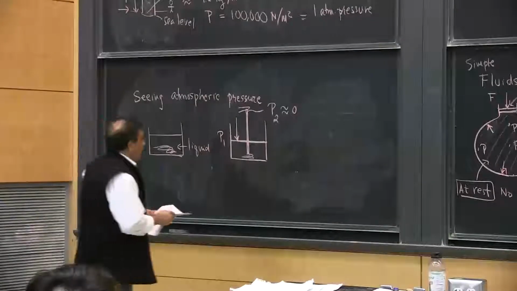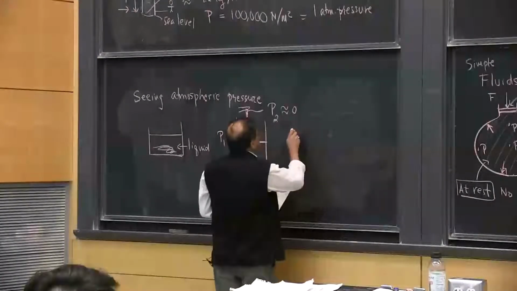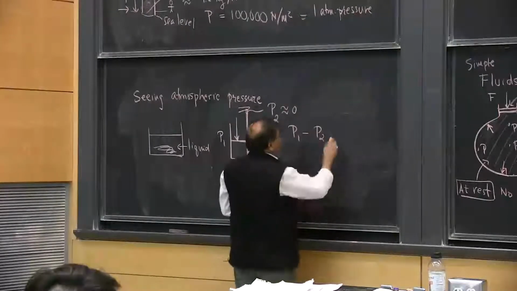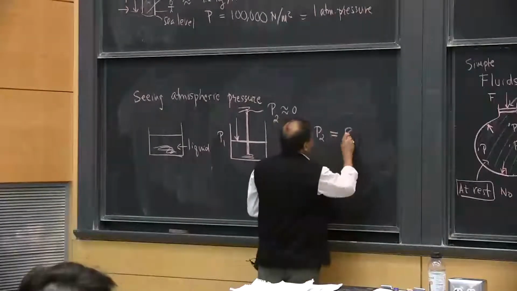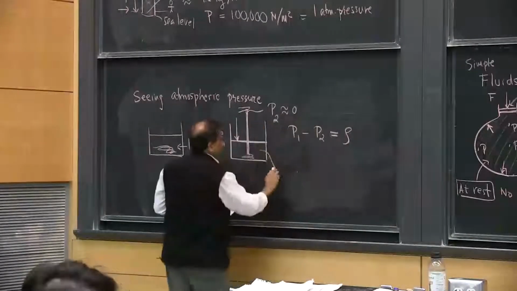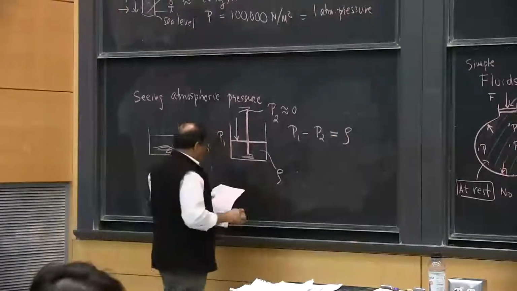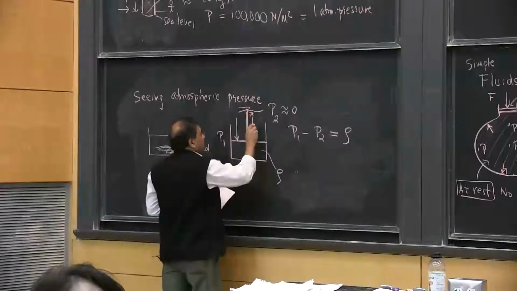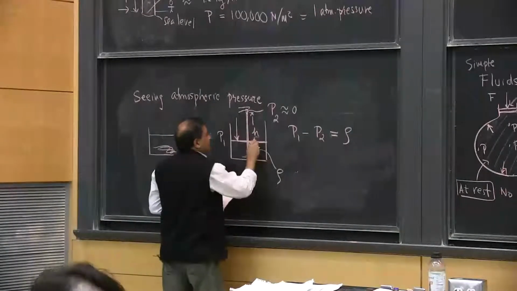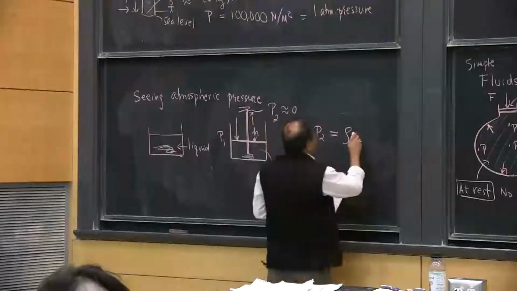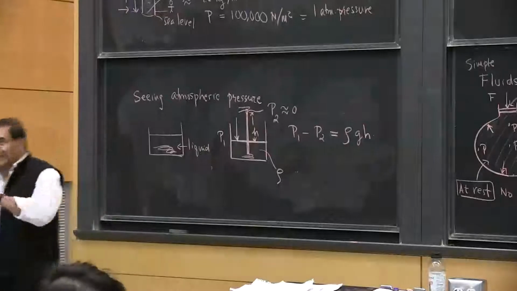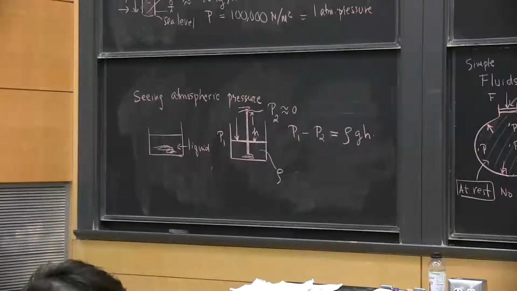So I should be able to make a statement writing P1 minus P2 is equal to the density of the fluid, in this case rho, times the height of the water column, h, and of course g, so rho g h. This is Pascal's law. I've done nothing but write Pascal's law for you.